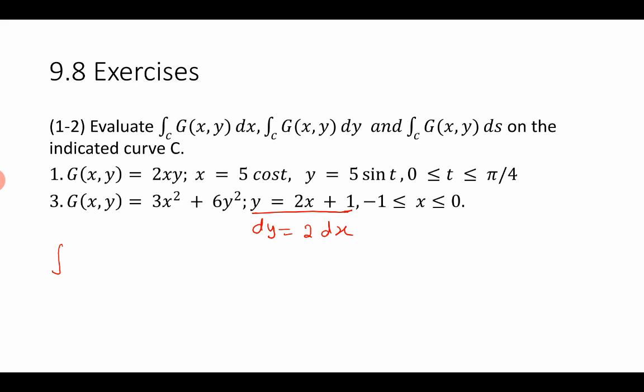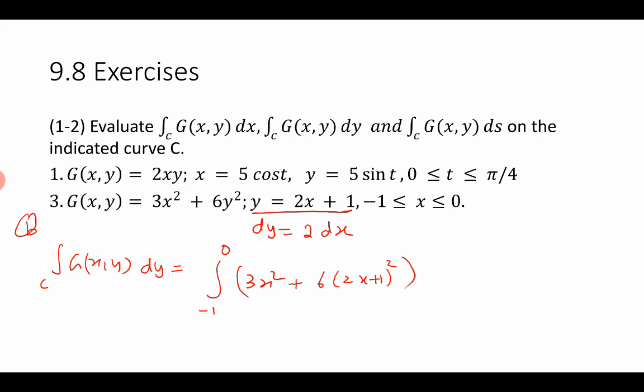So for part b, the integral over C of g of x comma y dy, the limit is negative 1 to 0, the first term is 3x square and y square is 6 times 2x plus 1 whole square, and dy is 2 times dx. That's all.